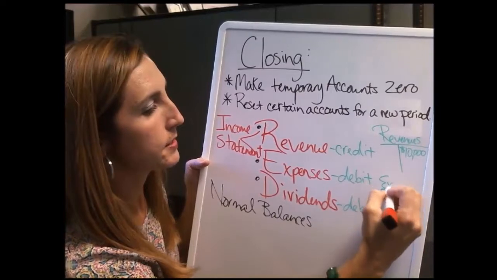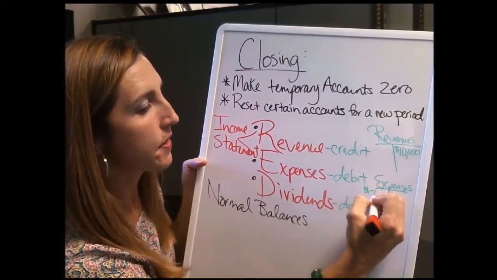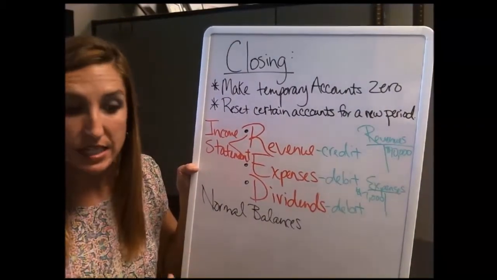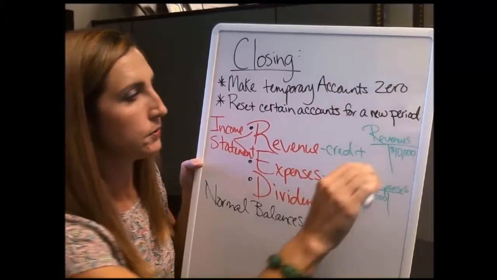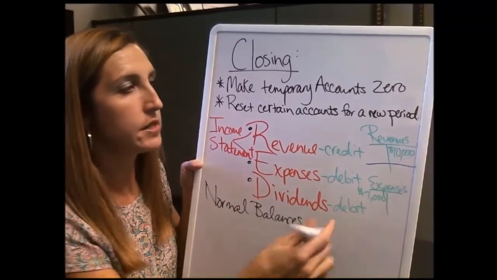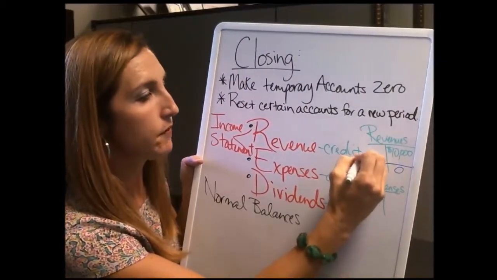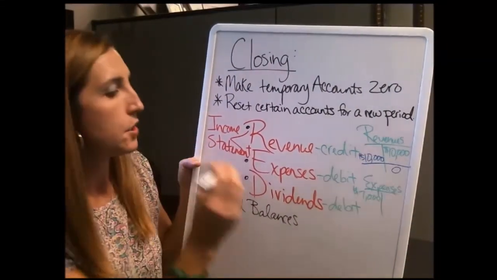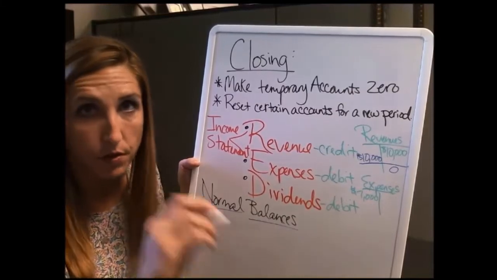So we'll just put an expense T account, and when you close them, if you had $7,000 of expenses, you want to make that T account zero out. So in order to close out revenues, if I want its balance to now say zero, I'm going to have to debit revenue. I'm going to have to do the opposite of its normal. I need to know its normal balance, and then I will do the opposite of the normal on the closing.